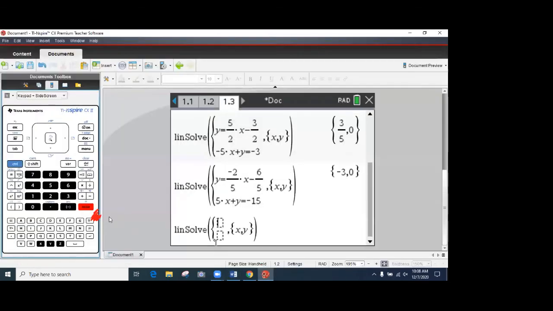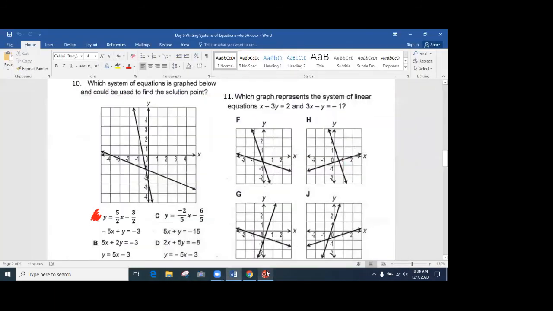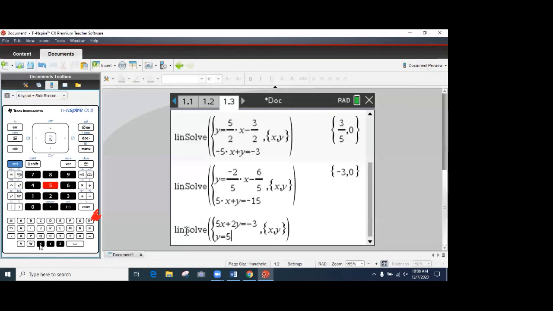All right, so we get 5x plus 2y equals -3. And then the bottom one, I think, was y equals 5x minus 3.